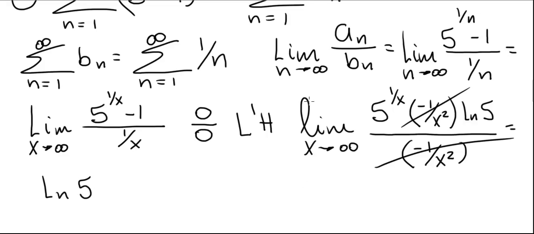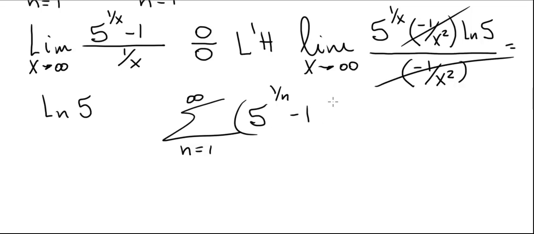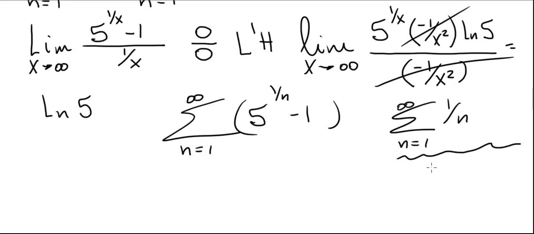And that means that according to the limit comparison test, the two series, the summation n equals 1 to infinity of 5 to the 1 over n minus 1, and the summation n equals 1 to infinity of 1 over n, either both converge or both diverge. Now this series is familiar to us.